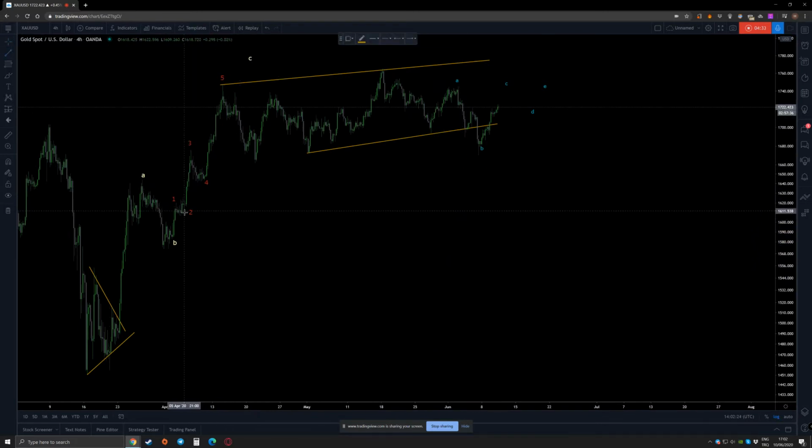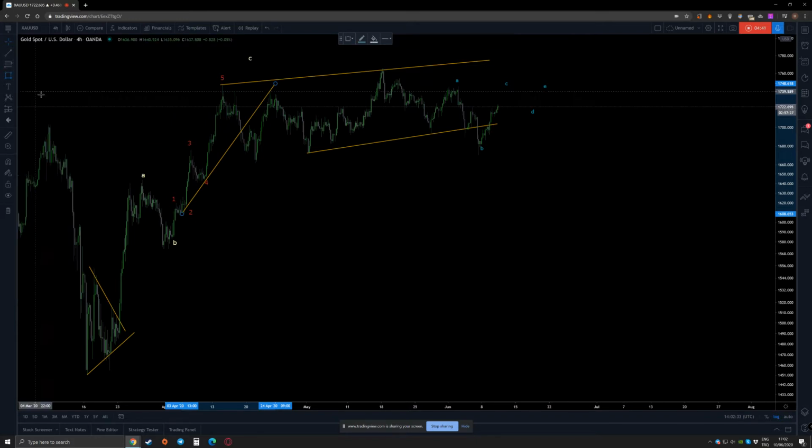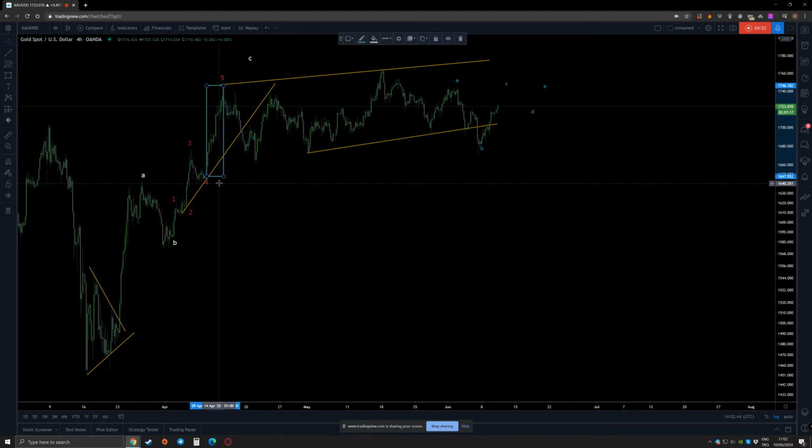Let me also show you what I mean. 2 to 4 trend line here. How long did this fifth wave take? This much, and during the same time, I'm sorry, let's do it again. So the fourth wave, take it and put it here.